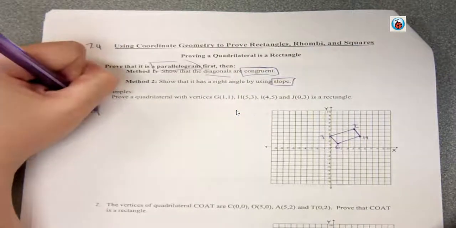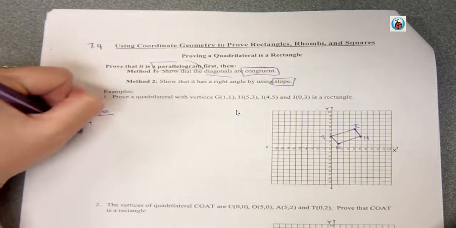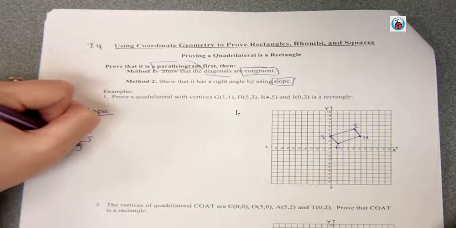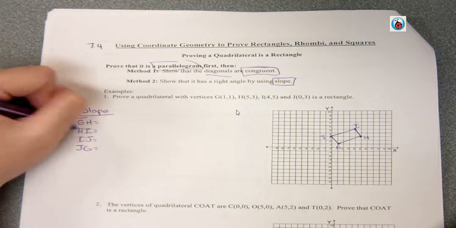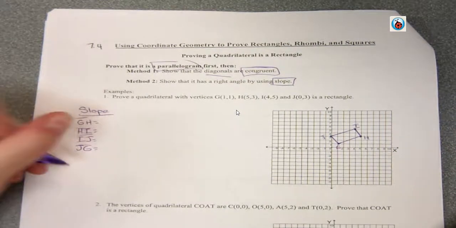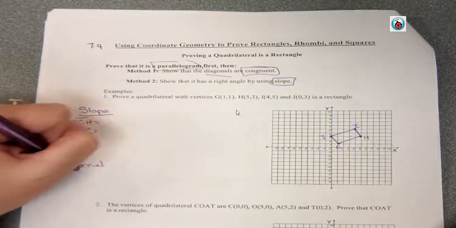So we will find all the slopes. So we've got GH, HI, IJ, and JG. Find all the slopes, and then we will find the diagonal distance.